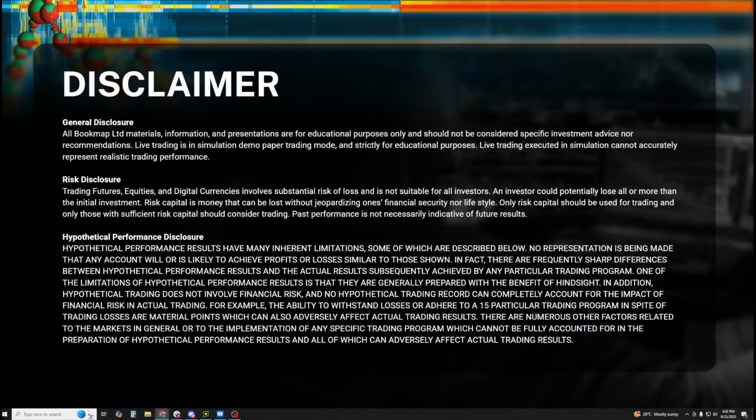Risk disclosure: trading futures, equities, and digital currencies involves substantial risk of loss and is not suitable for all investors. An investor could potentially lose all or more than their initial investment. Risk capital is money that can be lost without jeopardizing one's financial security nor lifestyle. Only risk capital should be used for trading, and only those with sufficient risk capital should consider trading. Past performance is not necessarily indicative of future results.